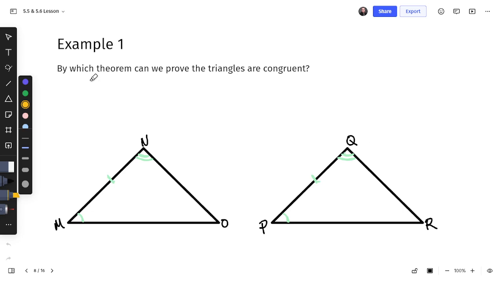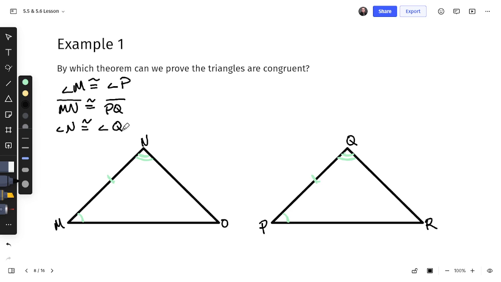We know that angle M is congruent to angle P. We know that side MN is congruent to side PQ. And we know that angle N is congruent to angle Q.